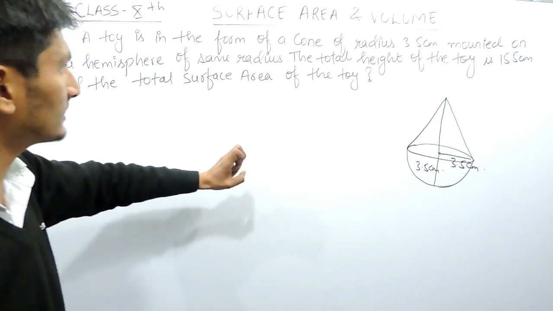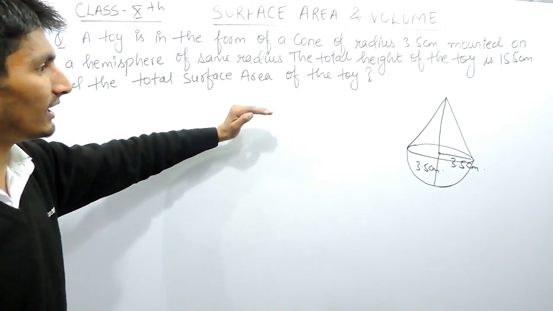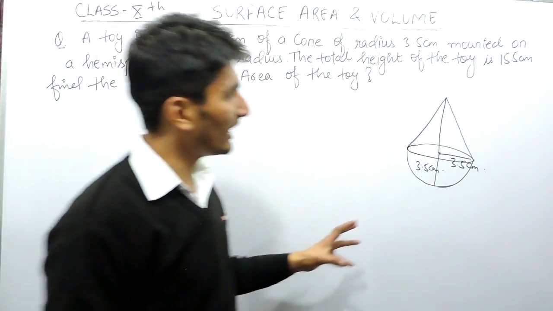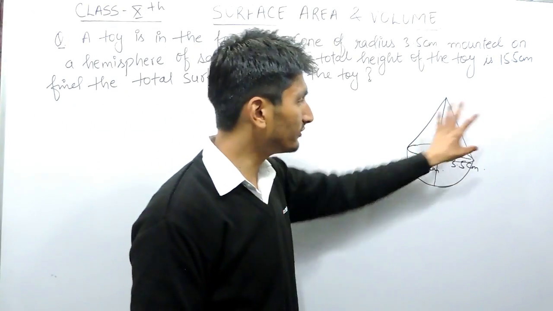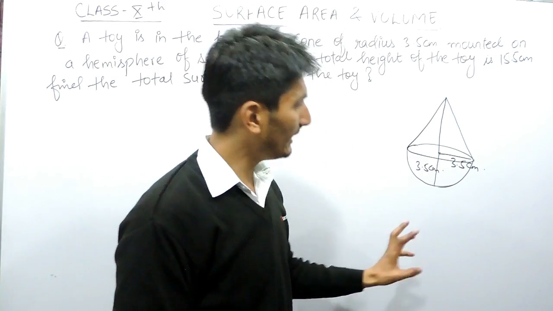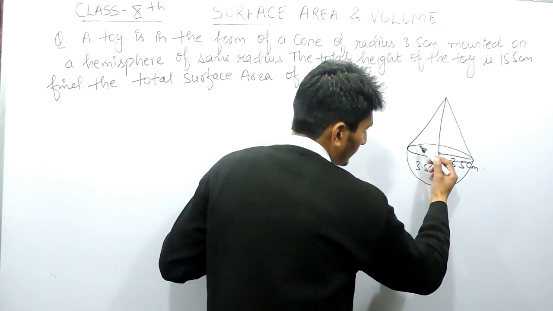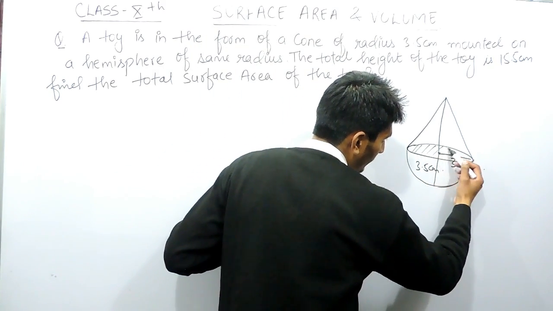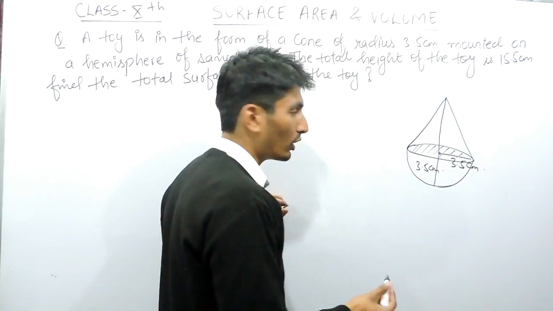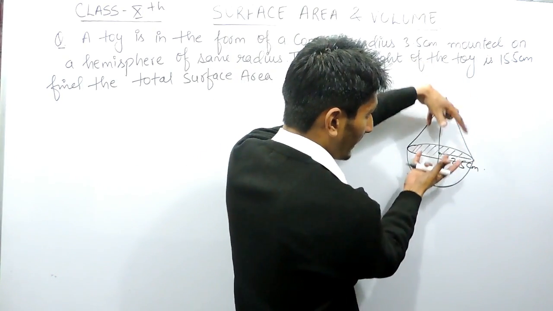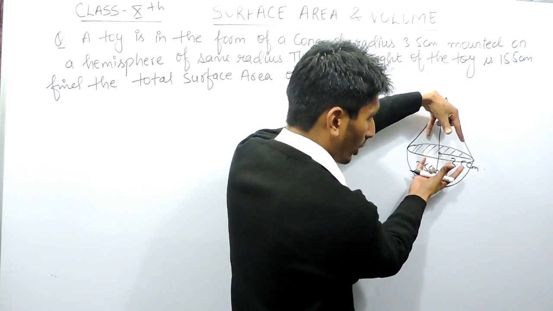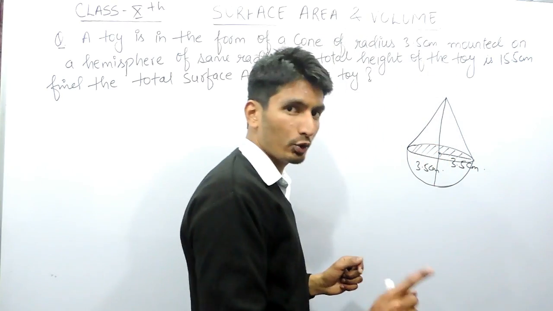Again, I have already discussed that total surface area means the surface area that is visible to you of this toy. And again, in this, this surface area is not visible to you because this surface area is covered by both parts of the toy. So this surface area is not visible to you.